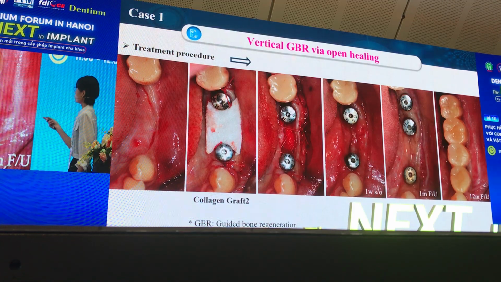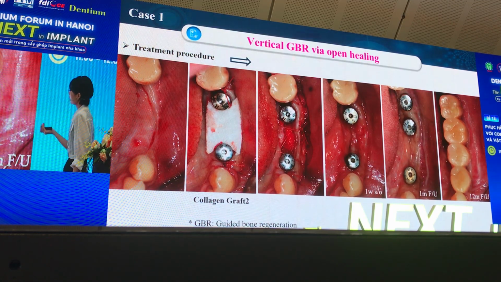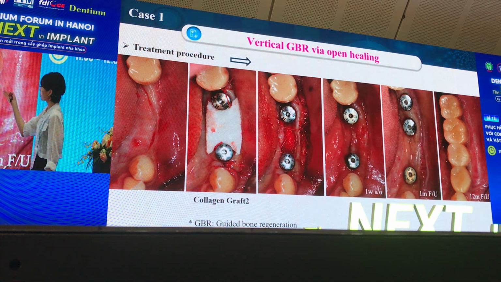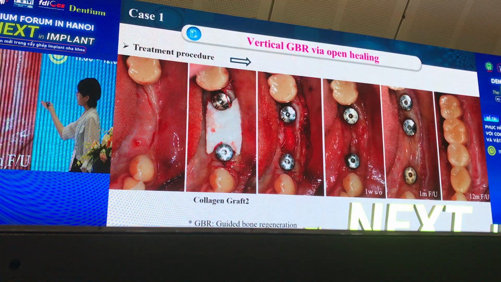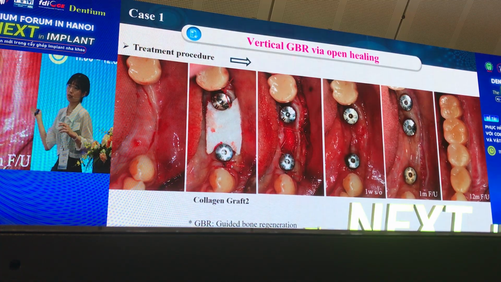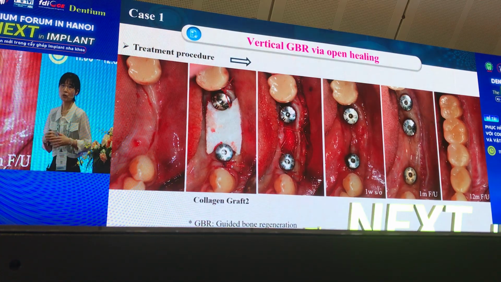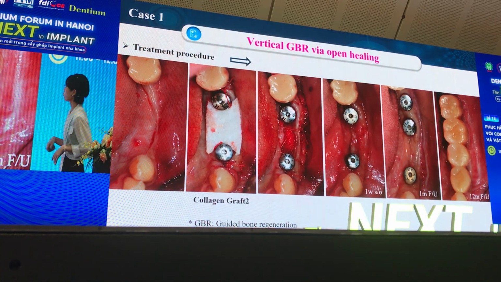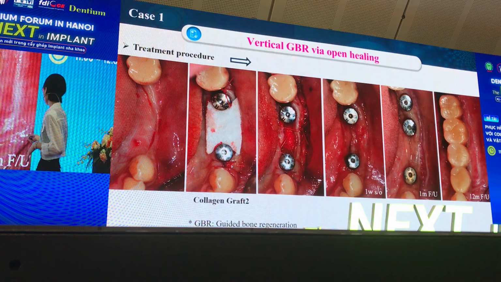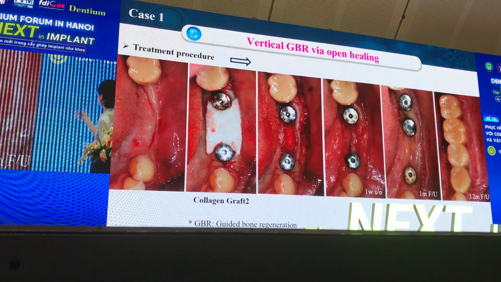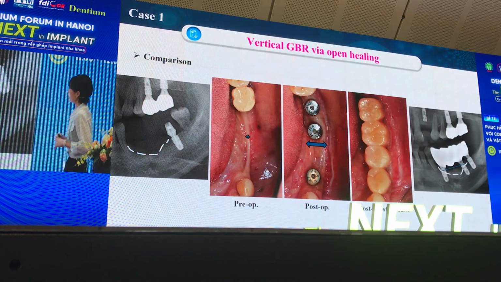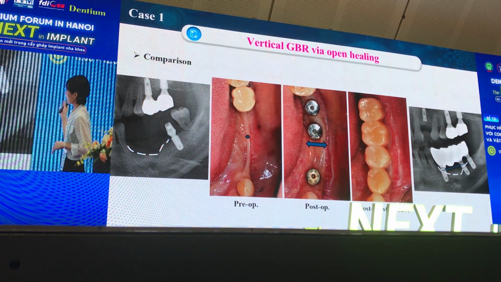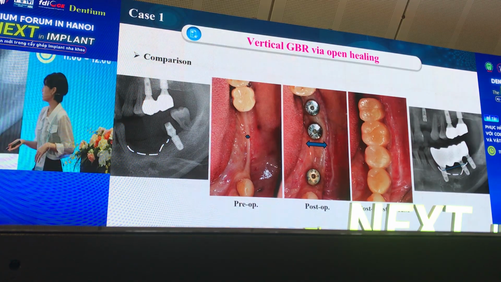After 1 week, you can see the gingiva is regenerating, and after 1 month, you can see that I could get the keratinized gingiva around the implant. And after 1 year, you can see it is very well maintained. So before and after, you can compare the clinical outcomes.